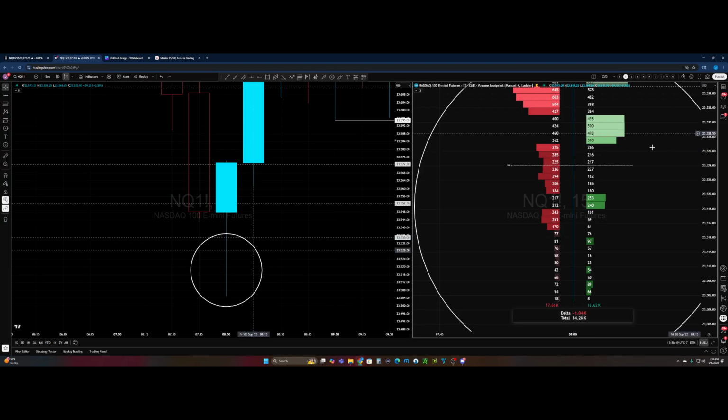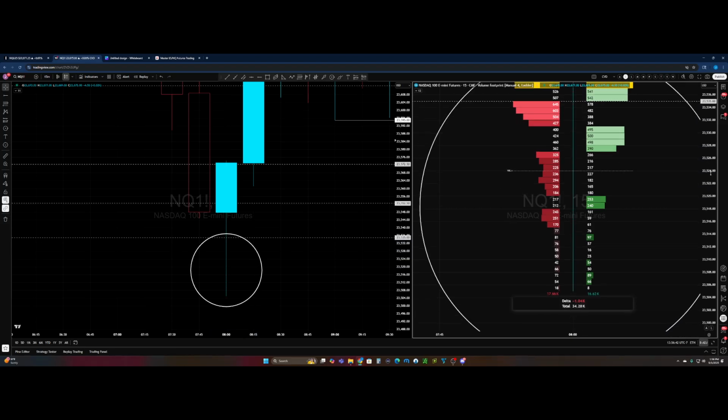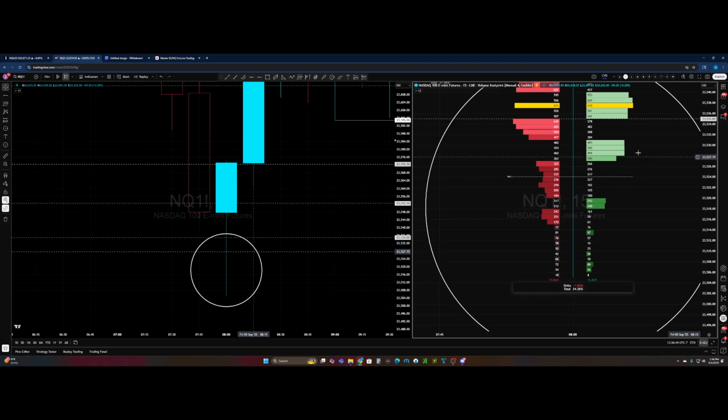Okay, so we covered bid, we covered ask, we covered the components like delta and total volume. Next, we're going to move into more of an analytical tool, but within the candlestick. So now we're still within the same candle, but we're going to move into something a little bit more complicated.